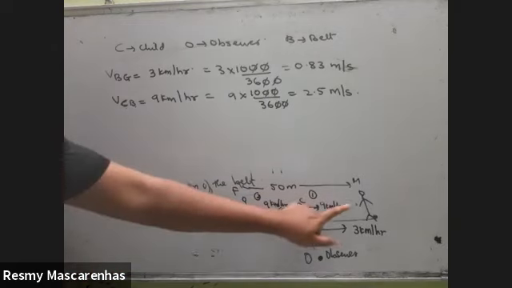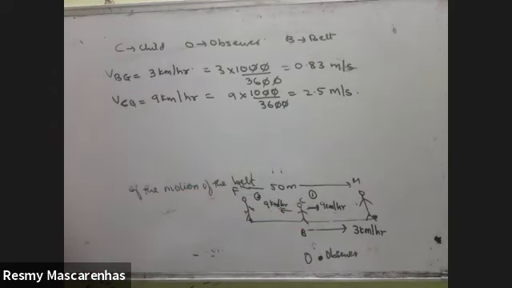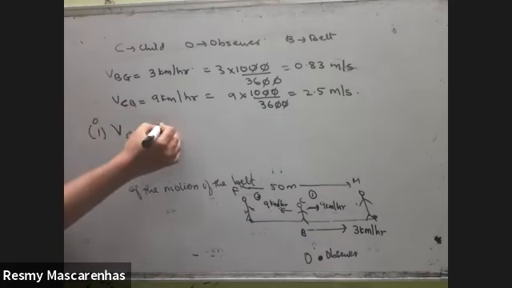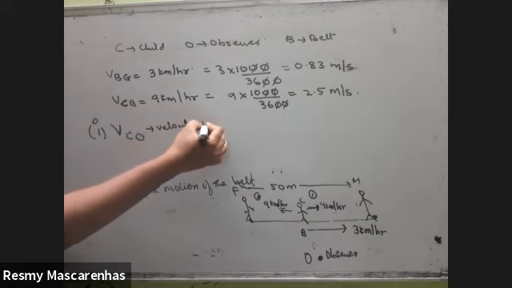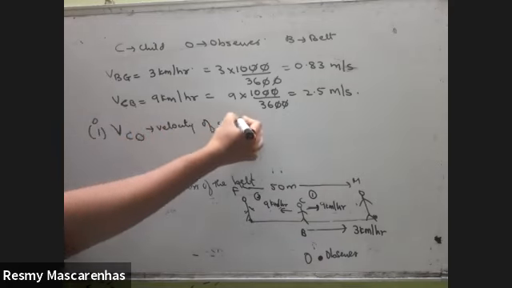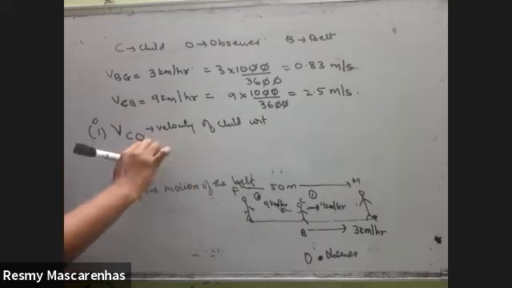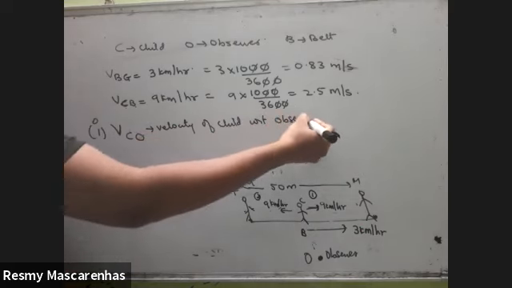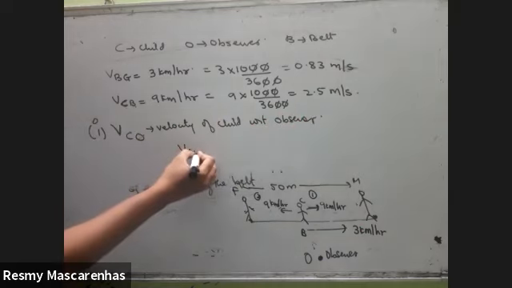The first part is when they are both in the same direction. So velocity of the child with respect to observer. Who is observing? Observer is always second, I told you. VCO we have to calculate.